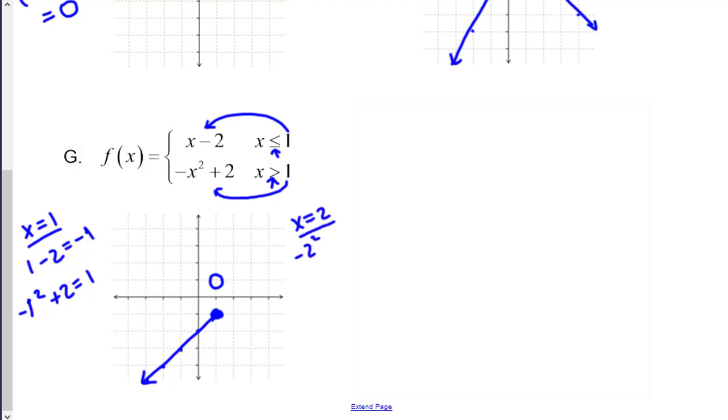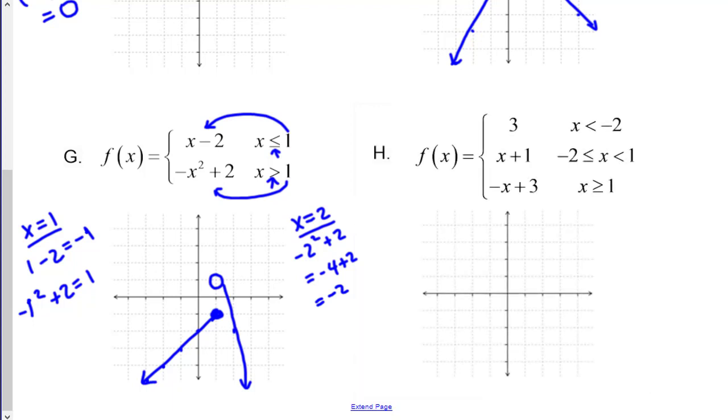So it'd be negative 2 squared plus 2, which would be negative 4 plus 2, or negative 2. So at positive 2 on the x, I'm at negative 2 on the y. So my parabola just kind of looks like that, I guess. And that's a pretty decent sketch here.